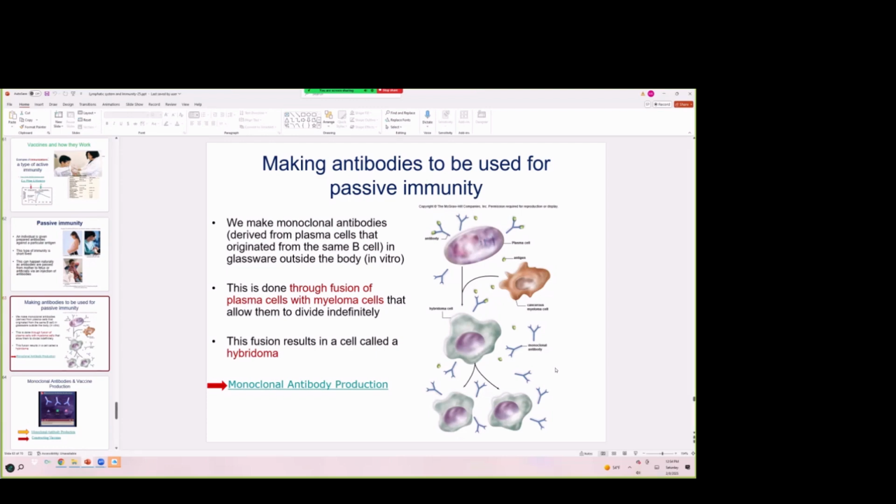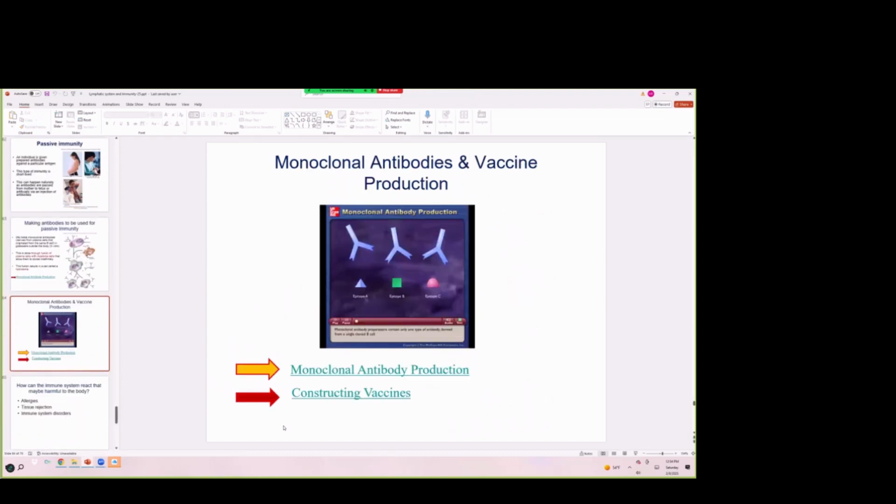These antibodies will go around in their body, and each time they see a cell that has those cancer cell features, they bind, they tag them, and then the destructive cells come and destroy that particular cell. You can watch these links and see how the process works.